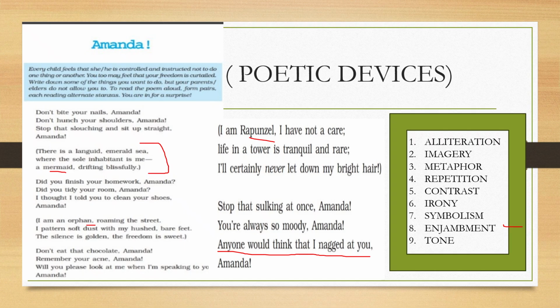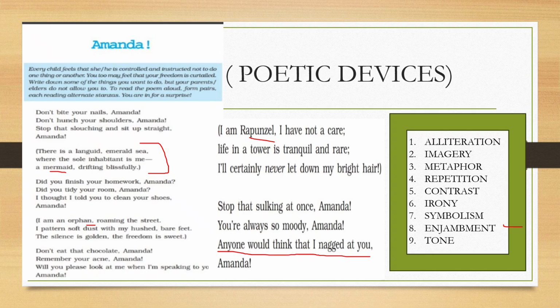There is a languid emerald sea where the sole inhabitant is me, a mermaid drifting blissfully. The lines flow smoothly without a full stop, means without a pause, showing Amanda's dreamland.